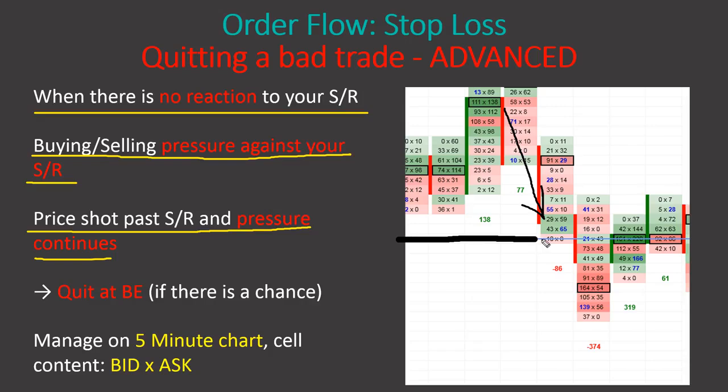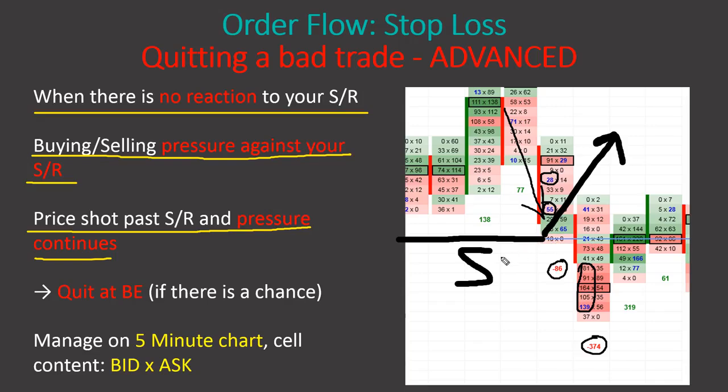Imagine that there is a support. You entered long from there, but there's no reaction. There are selling imbalances. Delta negative. The next footprint delta is also negative. You have big numbers on bid, which means aggressive sellers pushing the price downwards. Heavy volumes below your entry point.